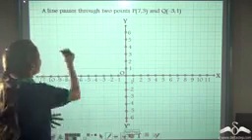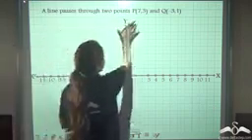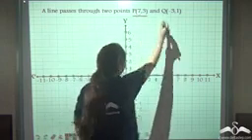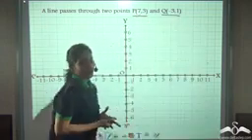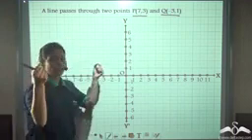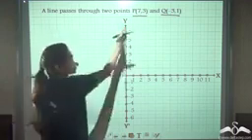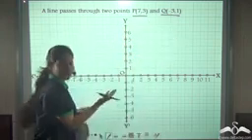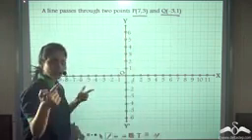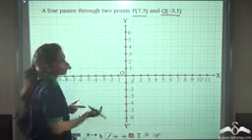Now, another example. A line passes through 2 points P 7, 3 and Q minus 3, 1. Well, this is so very easy. If I give you any 2 points, you can draw a line by joining those 2 points. So similarly, you just have to plot these 2 points and join them to form a straight line. Do that.